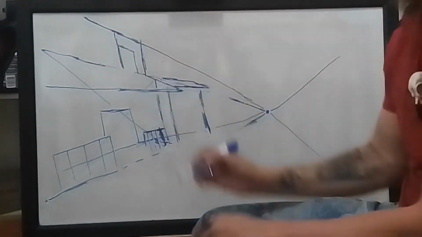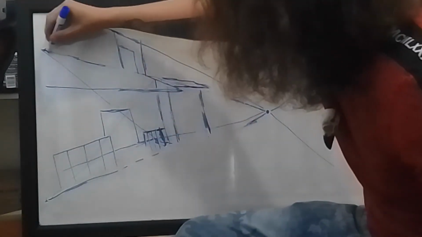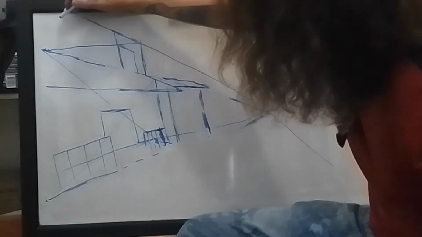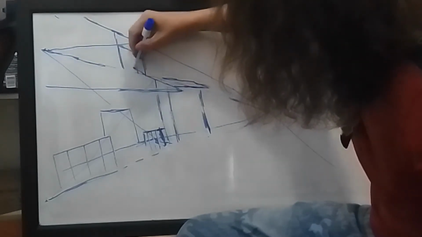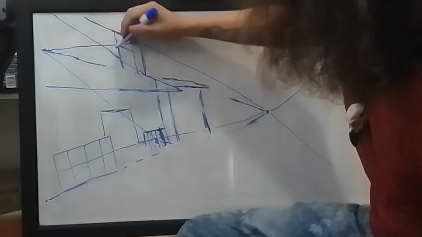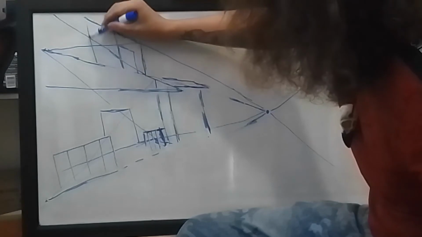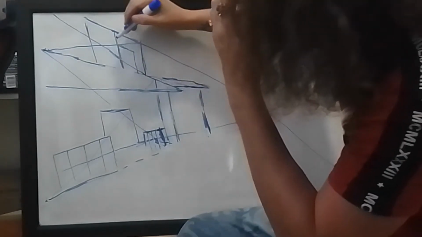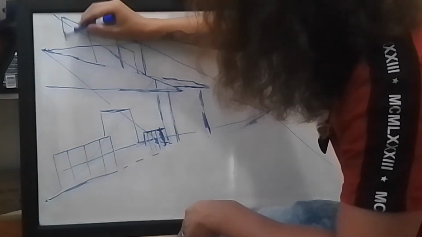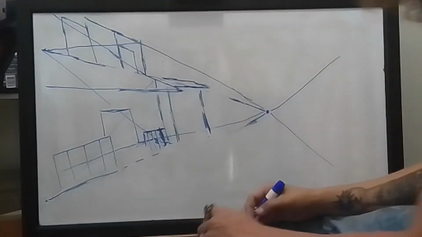Make sure that we're spaced evenly. And I'm not trying to be perfect with my lines here, I'm just trying to give you an example of how to do this and get things to look proportional.